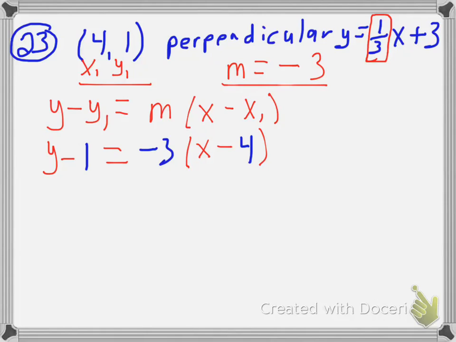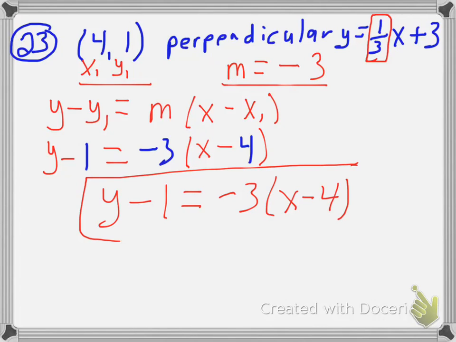So now I clean up any signs if we have any. y minus 1 equals negative 3 times (x minus 4). There are no signs to clean up, so my answer is y minus 1 equals negative 3 times (x minus 4). And that is your answer for number 23 in point-slope form.